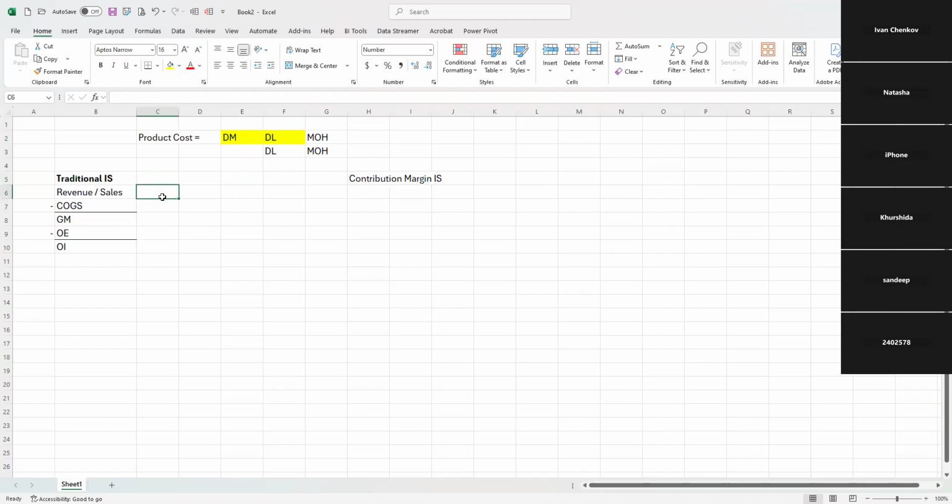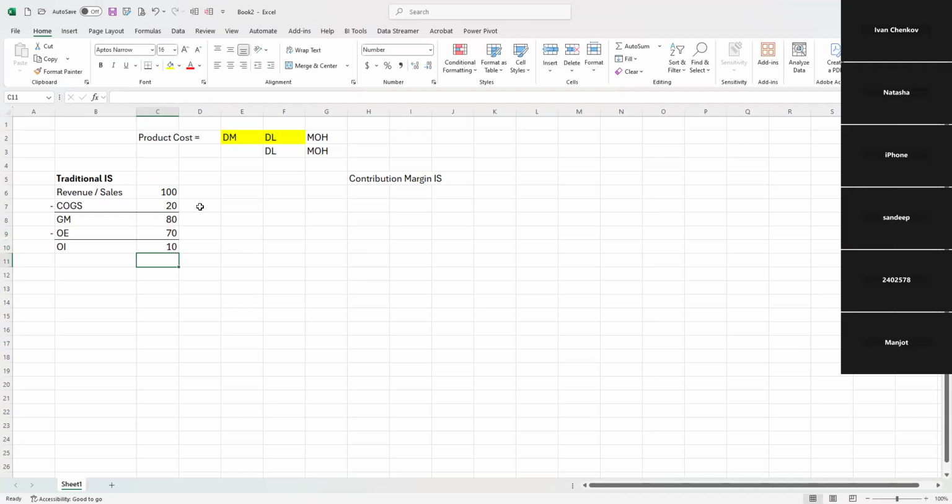Let's put some numbers just to make sense. Let's say the sales are 100, cost of goods sold, let's say, is 20, and then the gross margin obviously will be 100 minus 20, right? 80. And then we're going to have operating expense. Let's say operating expenses are 70, and the operating income will be 10.